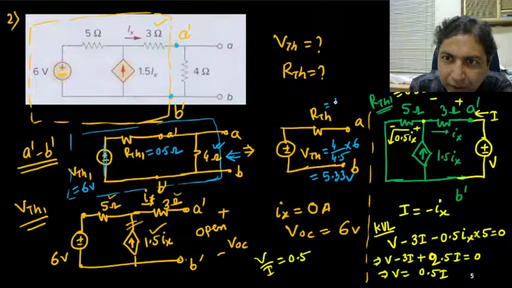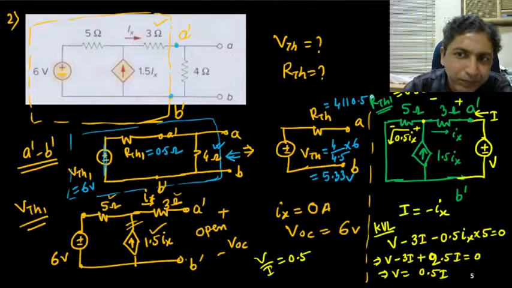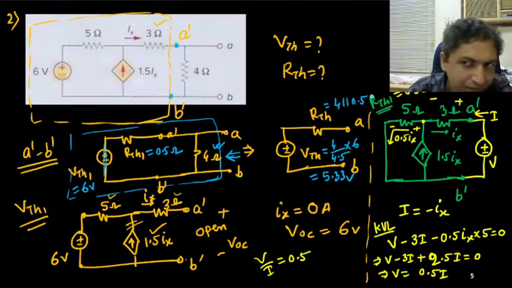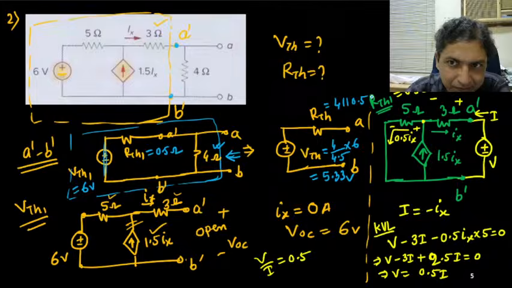So RTH will be actually 4 parallel with 0.5. Okay, am I correct? And that value will be very close to 0.5 of course. But what is the exact value?